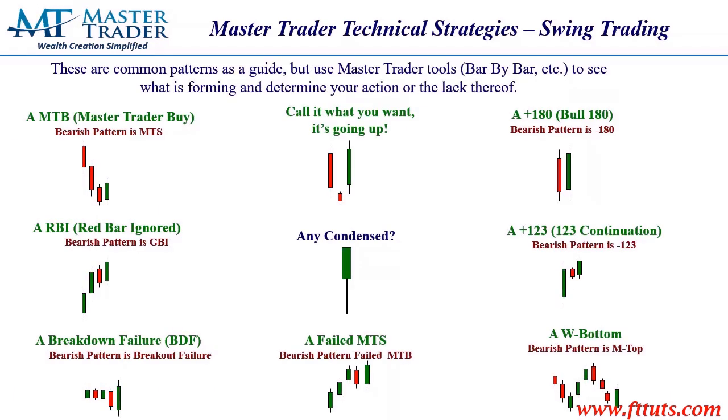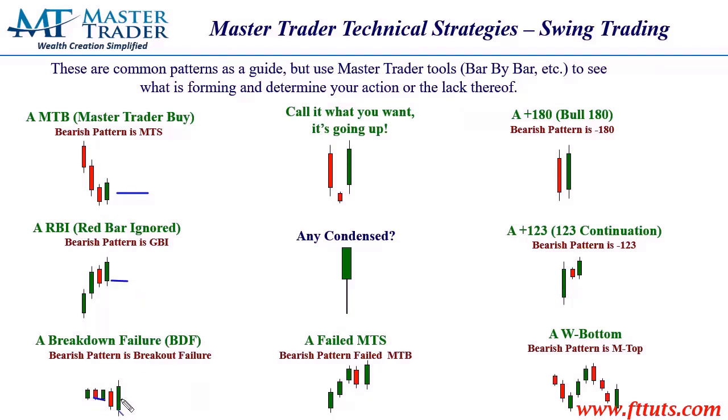We've already covered this, but review is great. Here we've got different patterns that we are looking for as our bullish setups, and just turn them upside down for the bearish setups. Retracement and reversal. A red bar ignored, that's a continuation type of pattern.